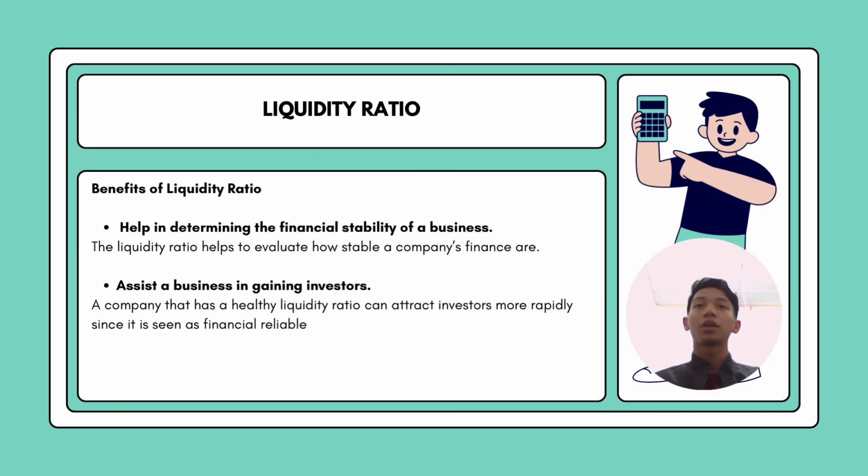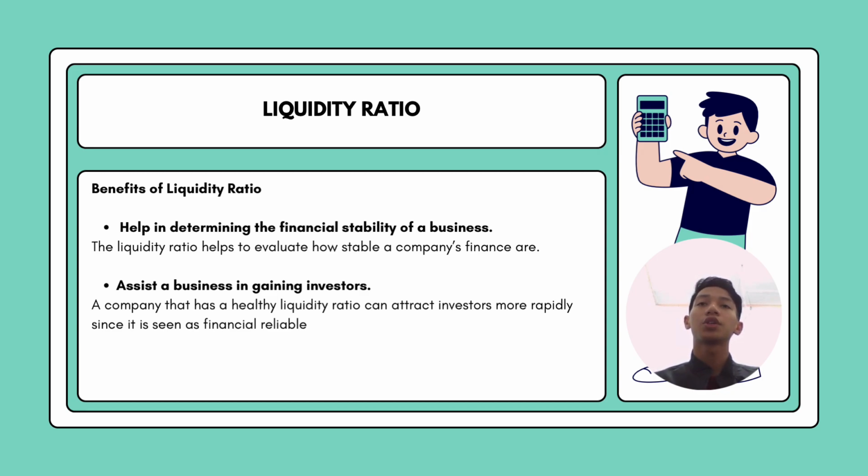Okay. We already know the definition of liquidity ratio, so we move to the benefits of liquidity ratio. There are three benefits. Number one, it helps in determining the financial stability of a business.